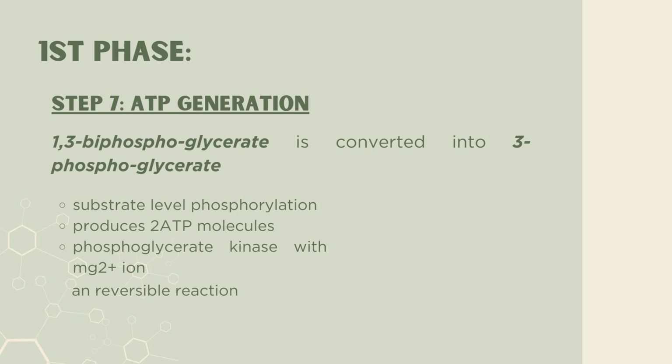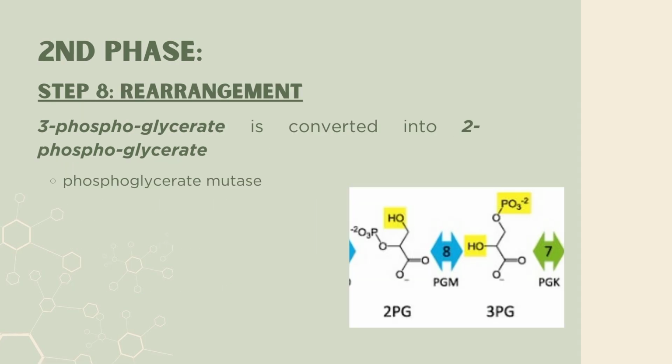The lost phosphate group was transferred to a molecule of ADP to produce ATP through substrate-level phosphorylation with the enzyme phosphoglycerate kinase. As we're still in the payoff phase, everything is multiplied by 2. Thus, we have 2 ADP and 2 ATP.